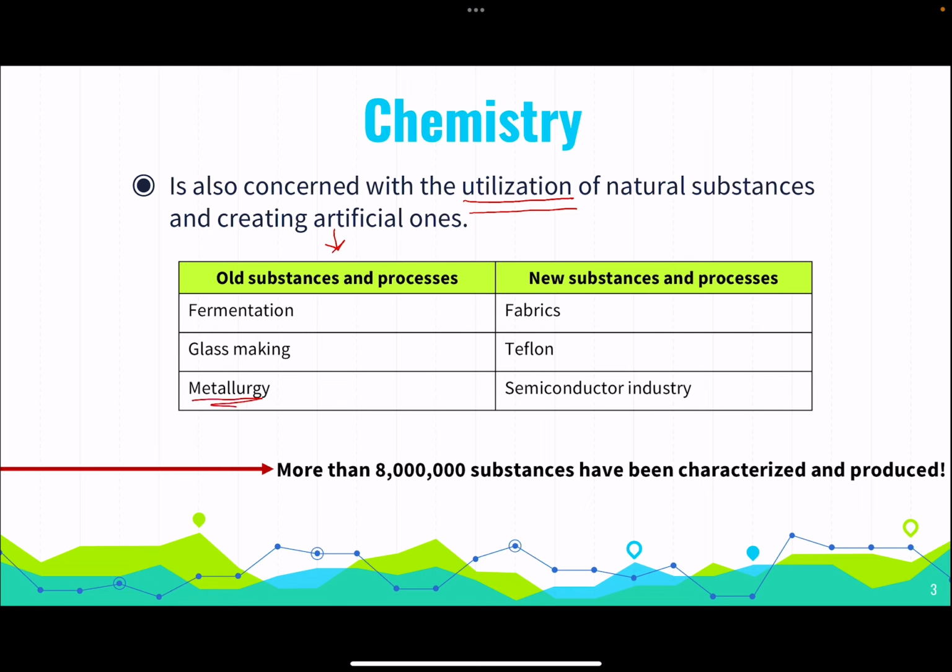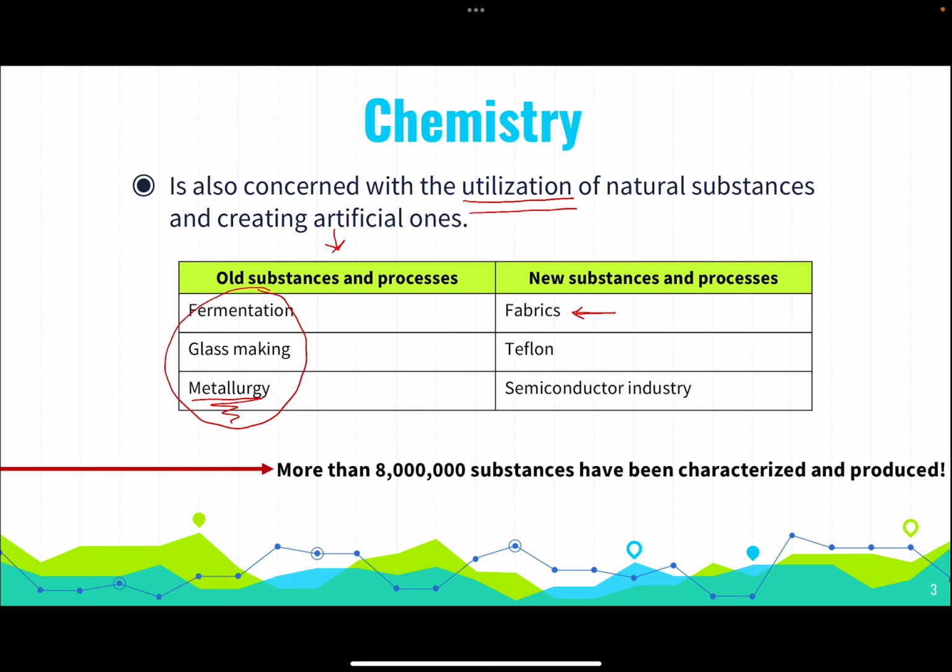Metallurgy is the study and the transformation of minerals, how we get gold from the soil and all of a sudden it's converted into jewelry, for example, or some other items in new products right now, right? So these are super old. If you study your history, you can see that one of these processes is involved in any of our ancient cultures.